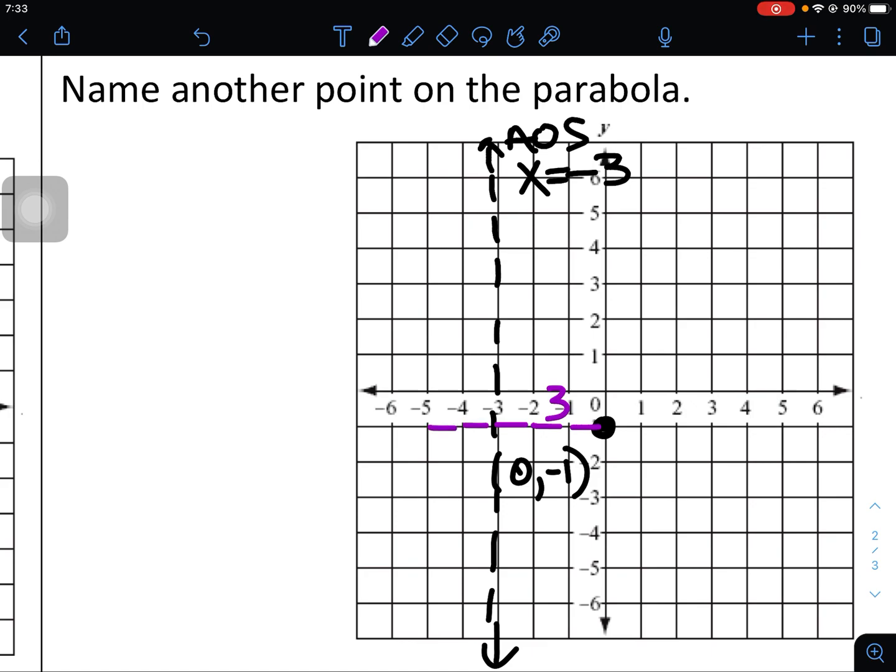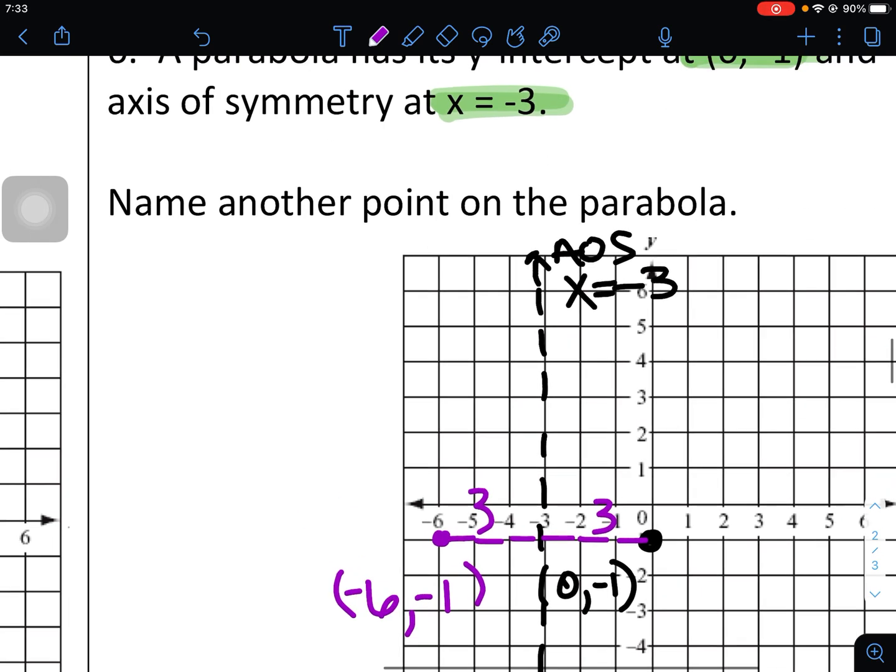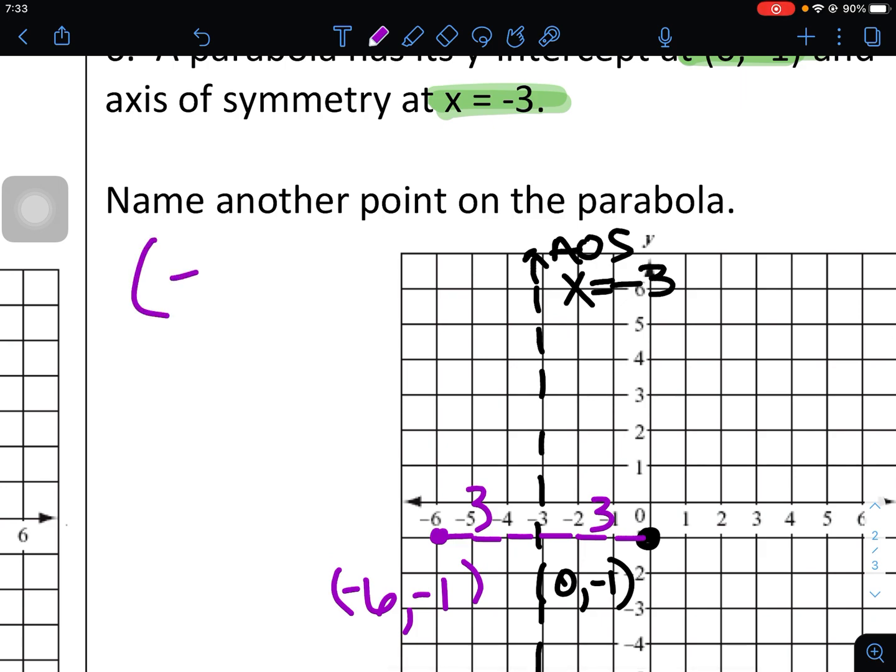So we'll just continue on the other side of the axis of symmetry. No matter what, we know that our y value is going to be the same. We're going to have a -1 right here. And if I count 3 units away from that x equals -3 line, we end up at x equals -6. So one other point on this parabola is (-6, -1).